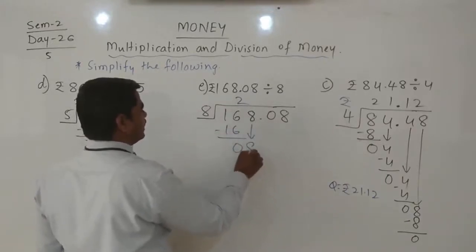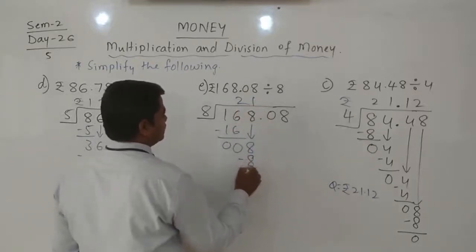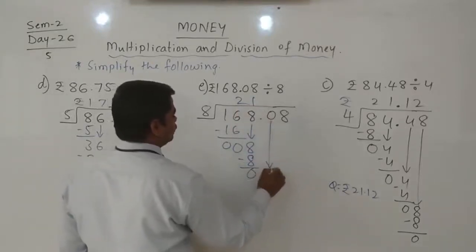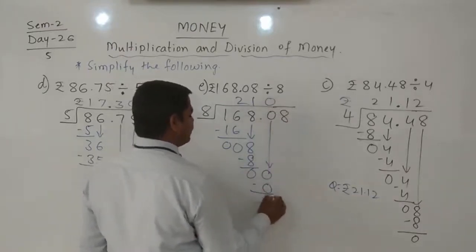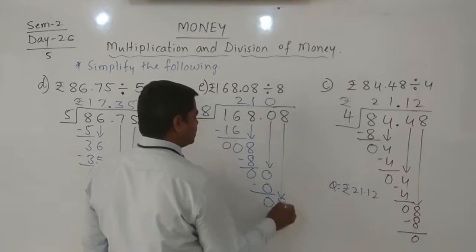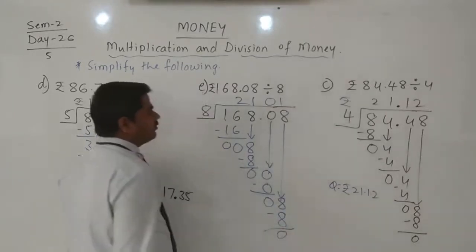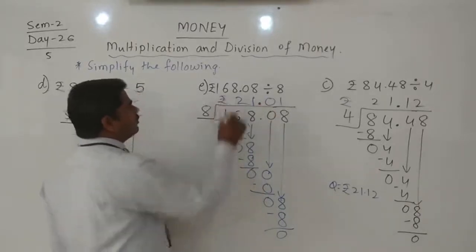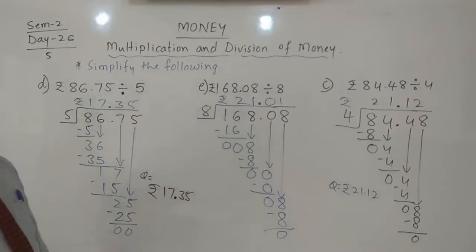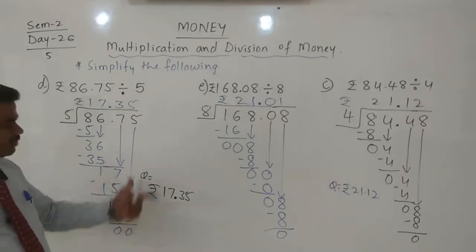Bring down 8. Again 8 ones are 8. Bring down 0. 8 zeros are 0. Next step, bring down 8. 8 ones are 8. Very simple. Yes or no? Then the decimal goes just above this one. We can write the rupee symbol. The answer is 21.01 rupees. Take down these two also.